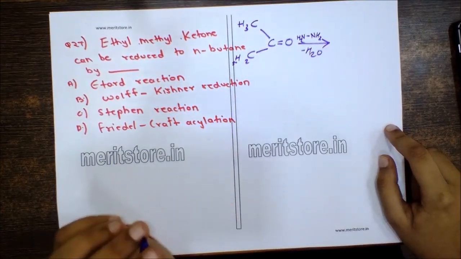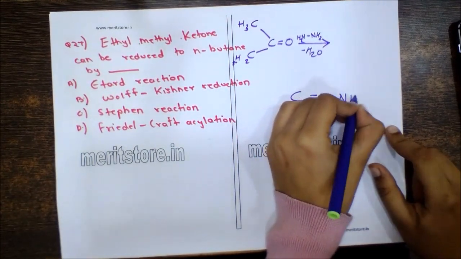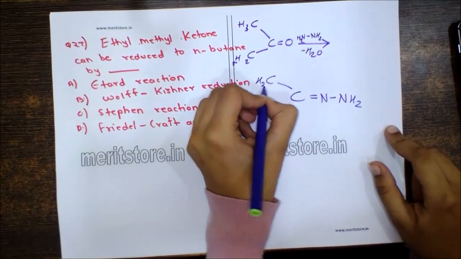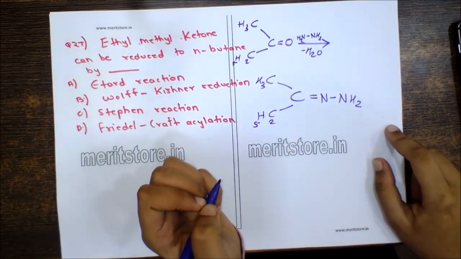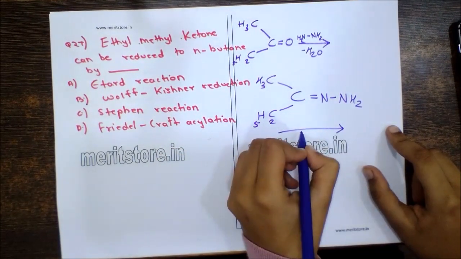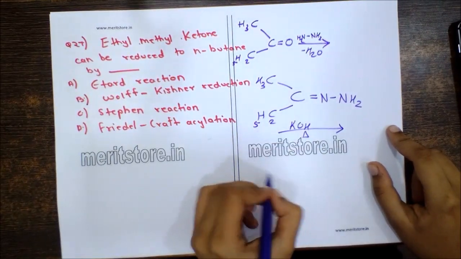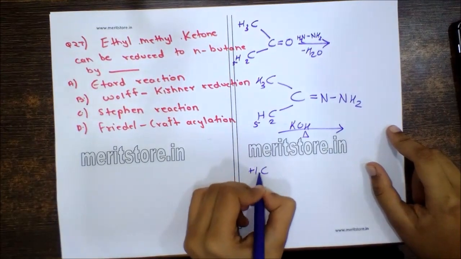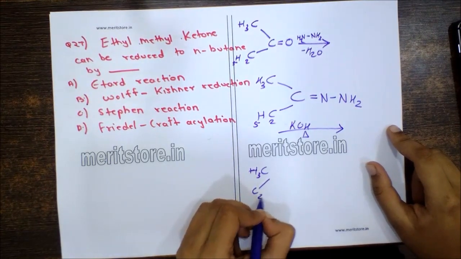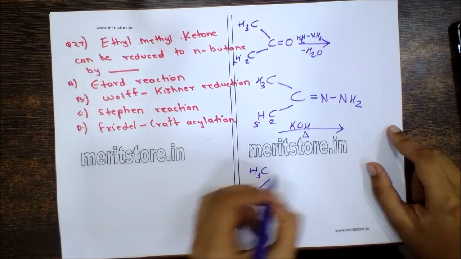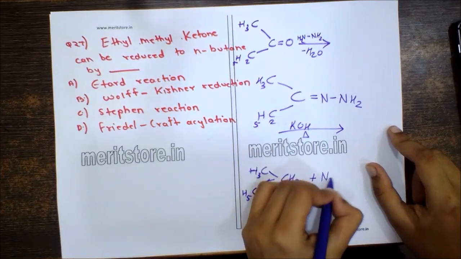This will form a hydrazone. My hydrazone is C double bond N-NH2. Over here I have my methyl as it is and ethyl as it is. To this, if I add KOH and heat it, it will give me CH3 C2H5 and over here I have CH2 plus N2.